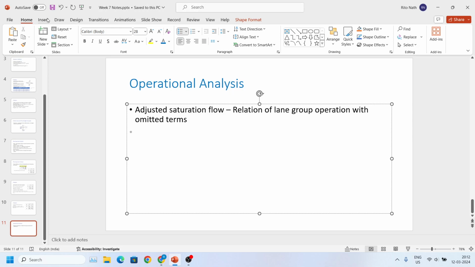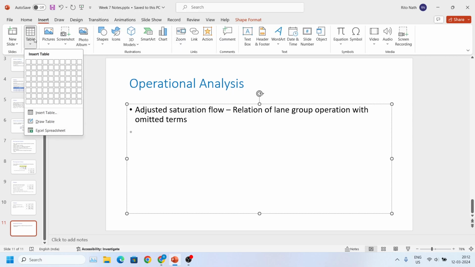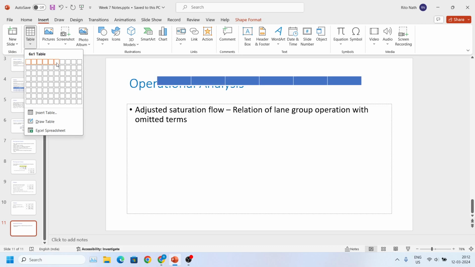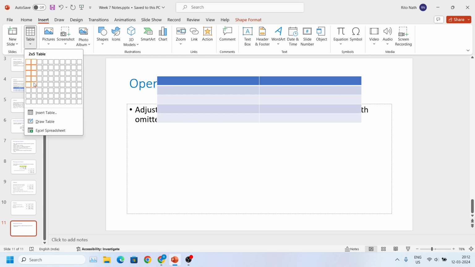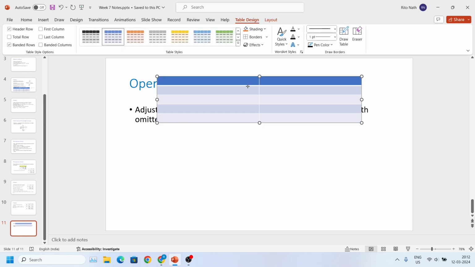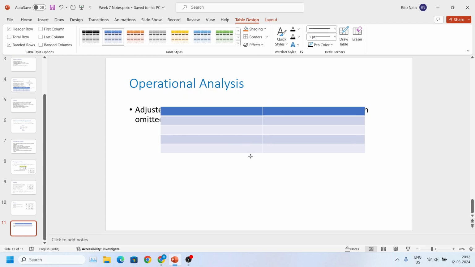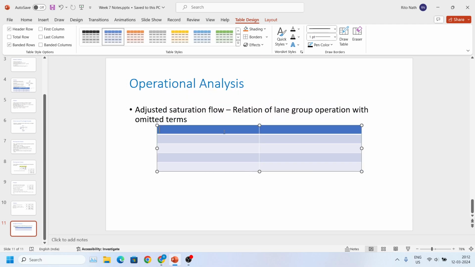So we have these columns. The first one is column X and then I have column Y. One is permitted LT operation in shared lane.